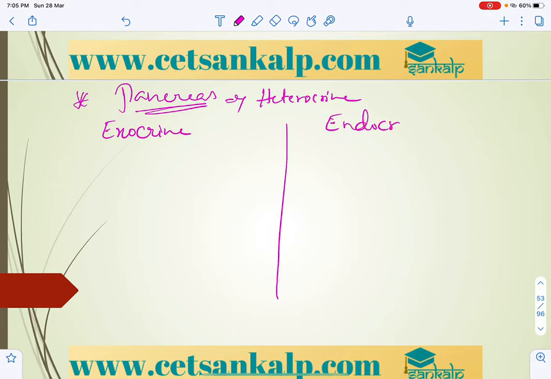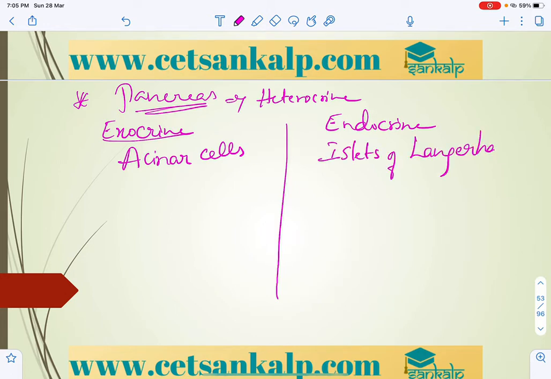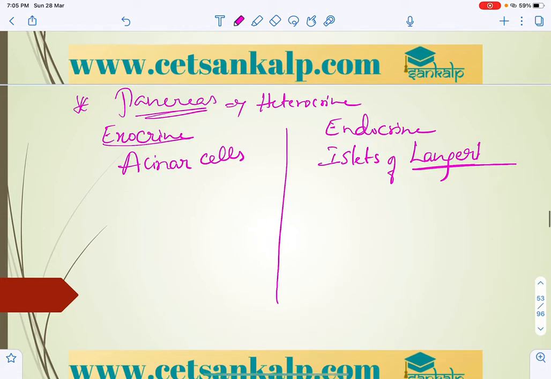The exocrine part of the pancreas is called acinar cells, whereas the endocrine part is called the islets of Langerhans, as it was discovered by Langerhans, hence the name islets of Langerhans.